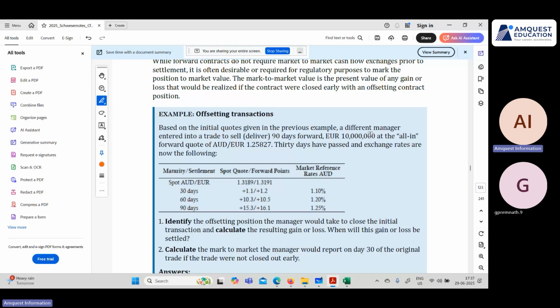Let's just create some timeline. Based on the initial codes given in the previous example, a different manager entered into a trade to sell 90-day forward euro 10 million at a forward contract of this. Okay.